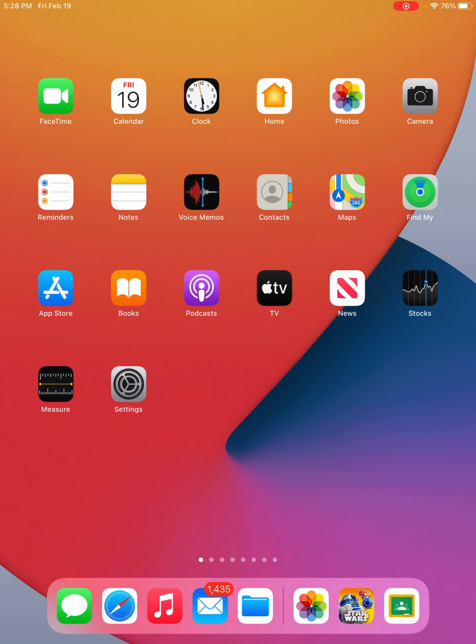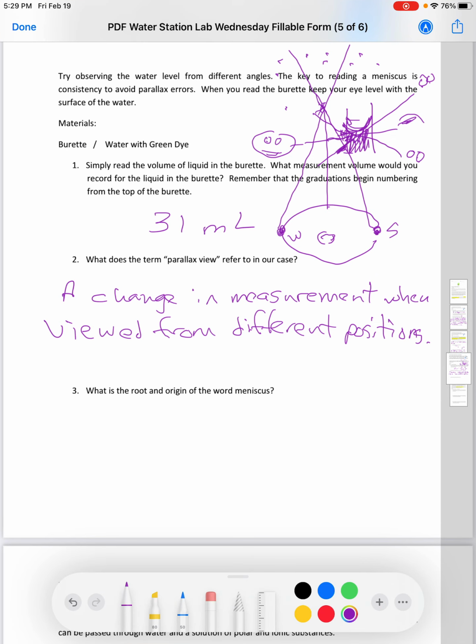So let's answer our question now that we've done our research. The root and origin of the word meniscus is mene, meaning moon, and some sort of Latin and Greek meniscus, spelled with a K instead of a C, meniscos.